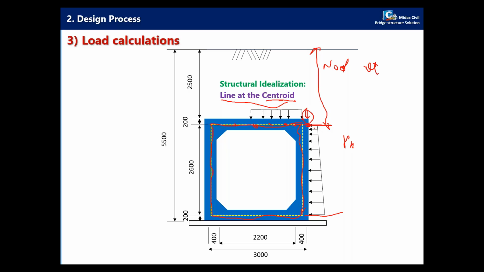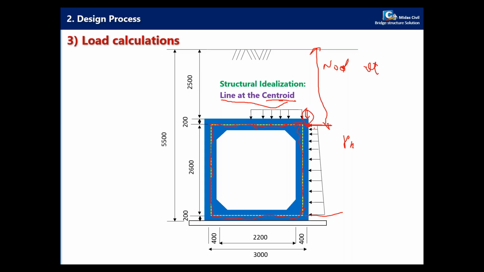And for this one also, you don't need to start here, but from the center line where we have the centroid, and then you go up to the top. I hope we are going to do that in the software very soon. So I'll just show you how I calculated the different loads we are going to use in our demonstration.